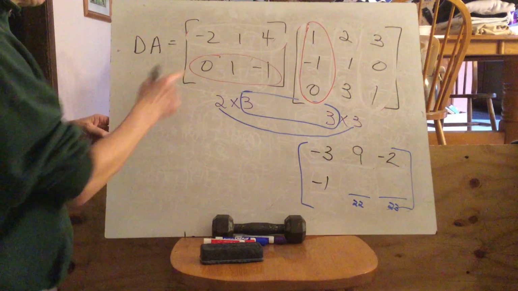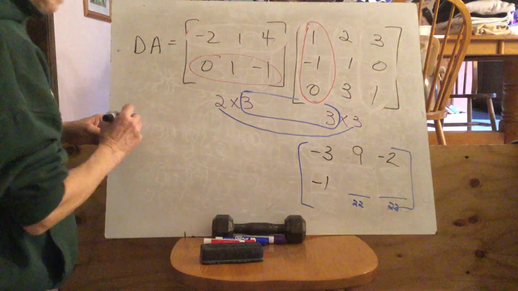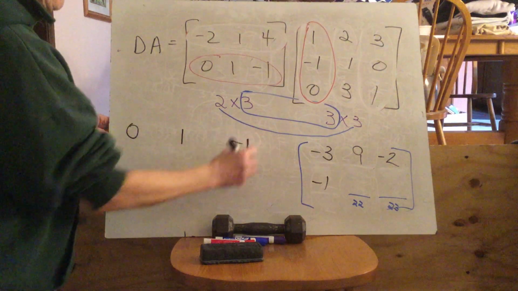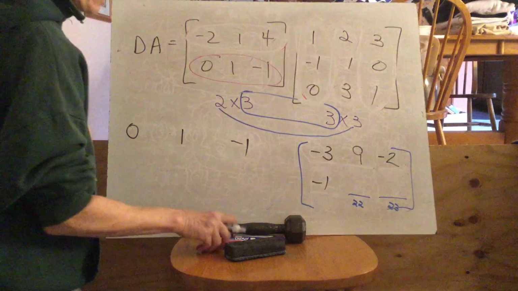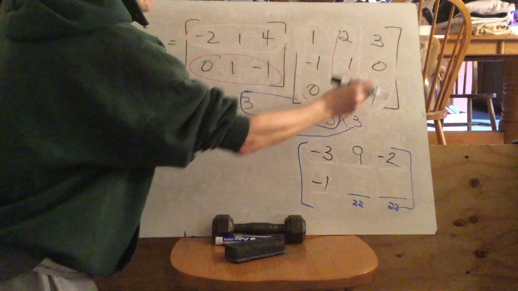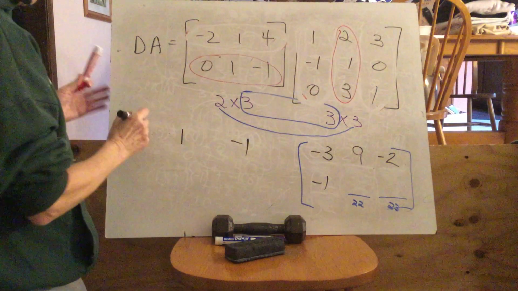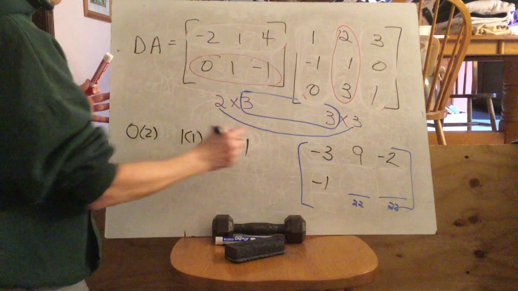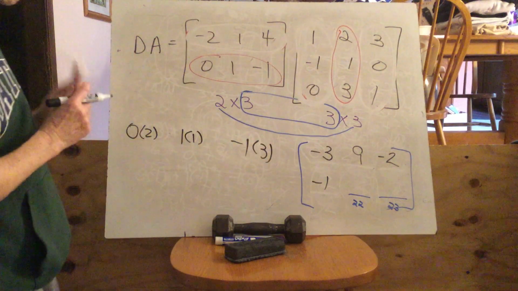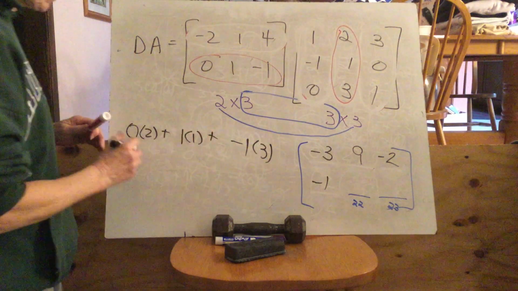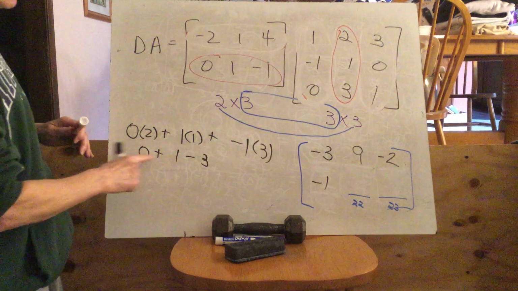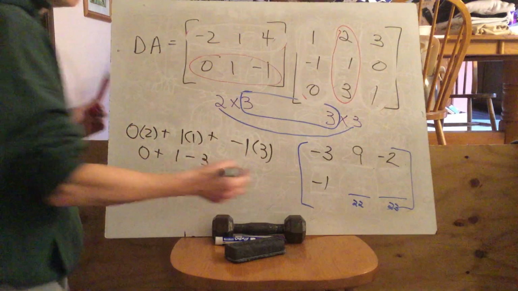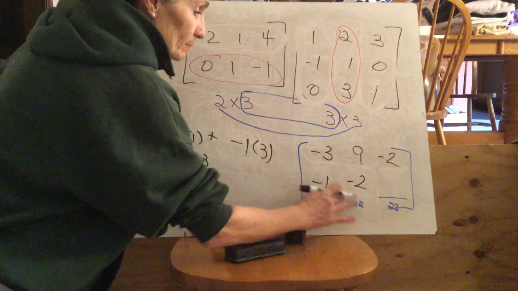So now I have still the second row, but now I'm going to use the second column. I'm going to multiply each pair and add them up. So 0 plus 1 minus 3 would be negative 2.